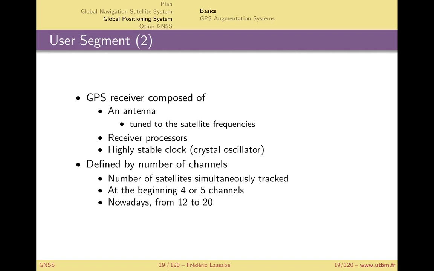Because due to compatibility reasons, the GPS now can work alongside GLONASS and Galileo, so you may use 4, 5 or 6 satellites from the GPS alongside satellites from GPS augmentation system, and GLONASS satellites and Galileo satellites. So it's a lot of satellites together, so you have to have many channels to keep track of everything.